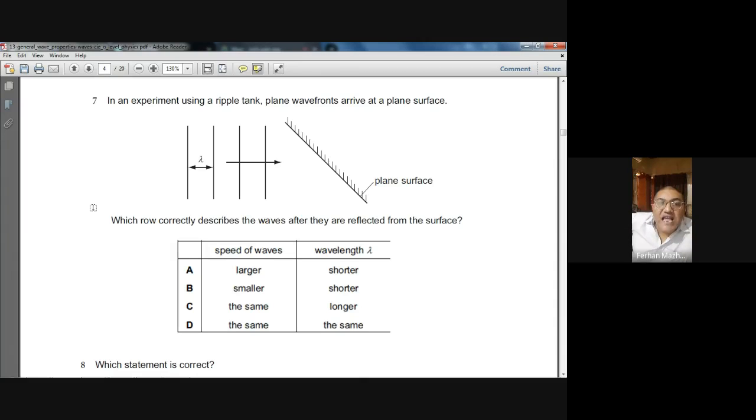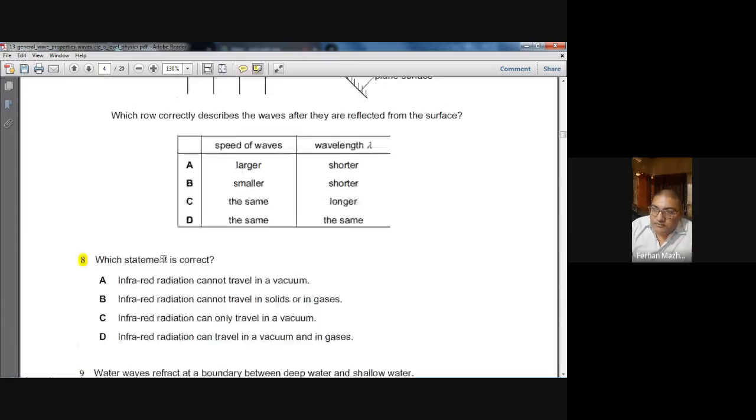So the speed of the waves is the same and the wavelength is the same. We are talking about reflection. We are not talking about refraction.